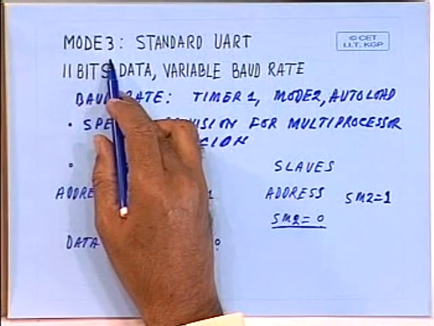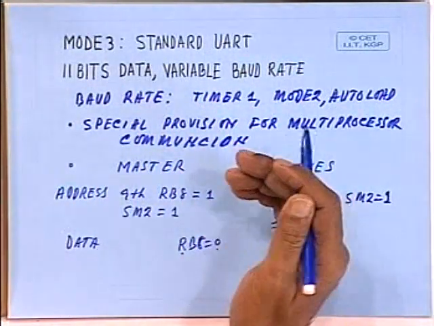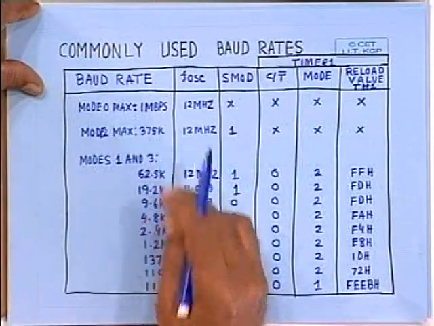So in this way, master-slave communication between a number of processors or sensor devices can take place by using this mode 3. And as I have told, whenever you have a large number of sensors, it may be necessary to transfer data at a very high rate. High rate means it can be as high as 375 kilobits per second.